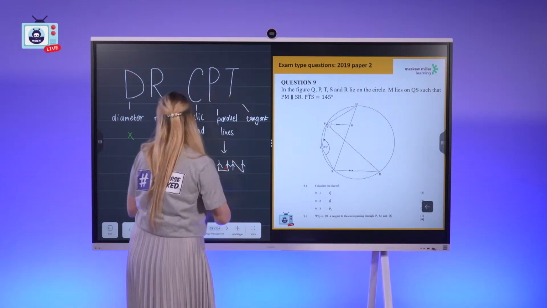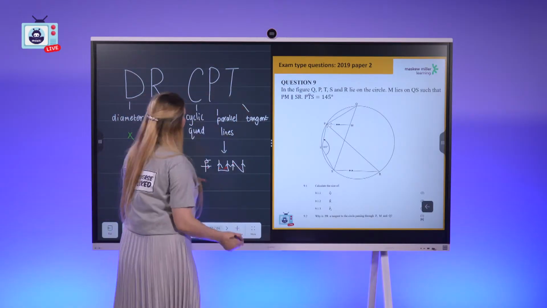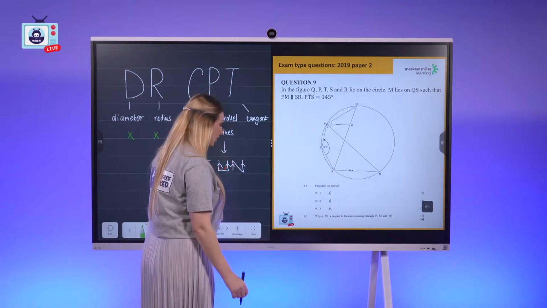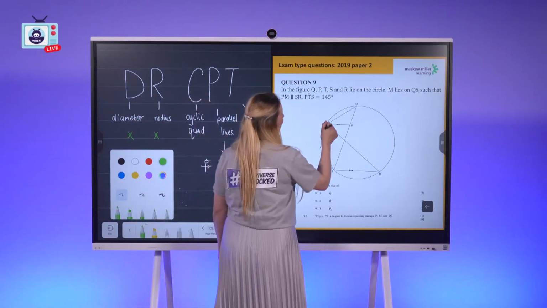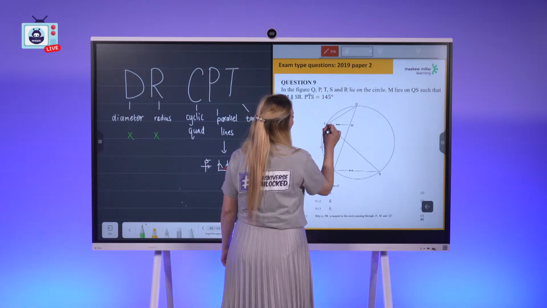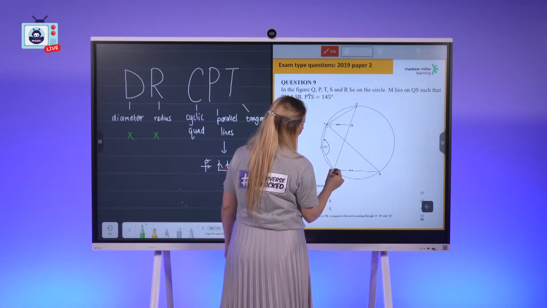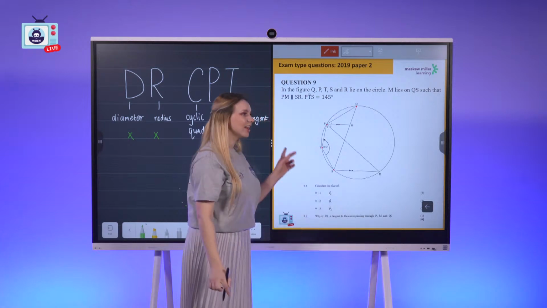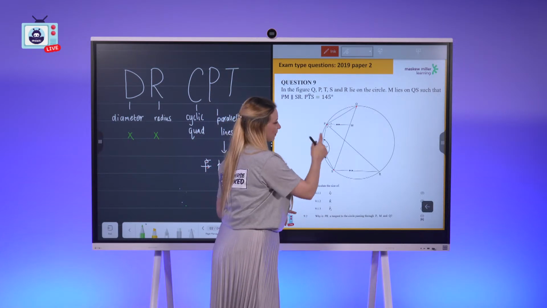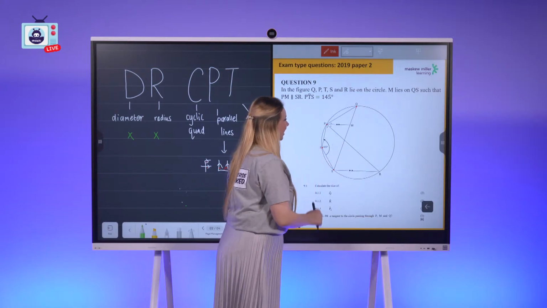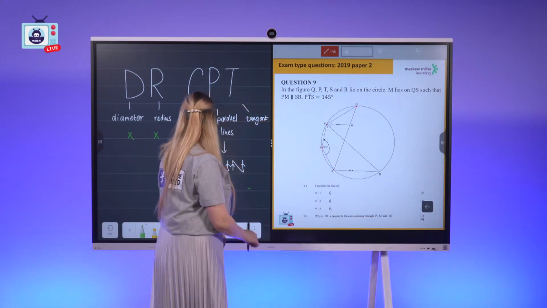Unfortunately, we do not have a radius because we do not have a center. Do we have a cyclic quad? I'm actually seeing two cyclic quads. We see P, Q, S, and T. And then I see another cyclic quad, which is P, R, S, T. So I've got two cyclic quads over there.